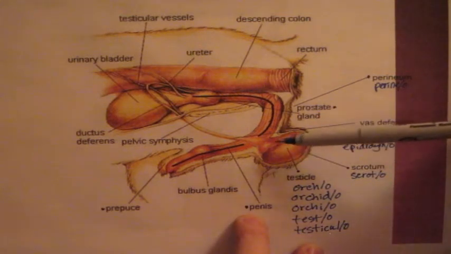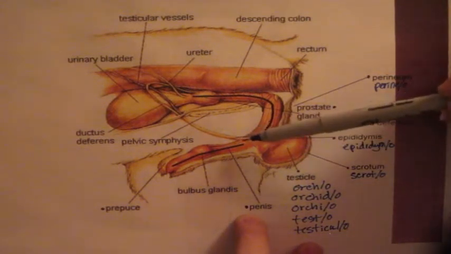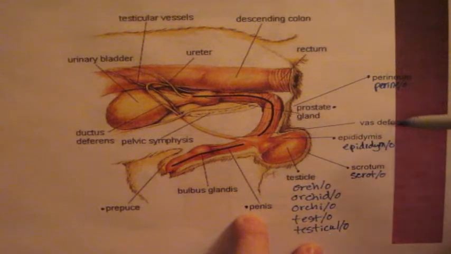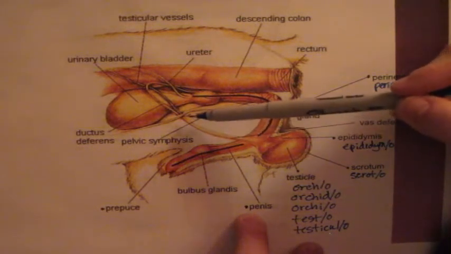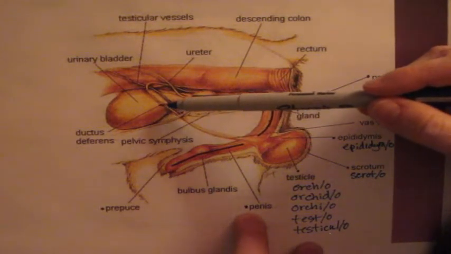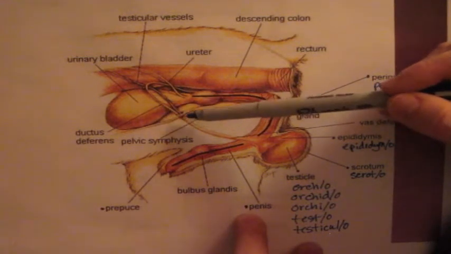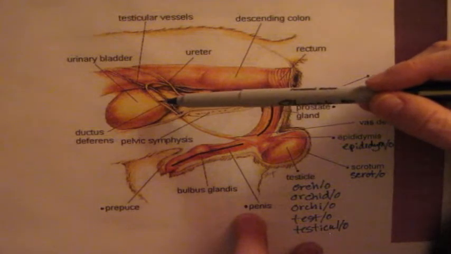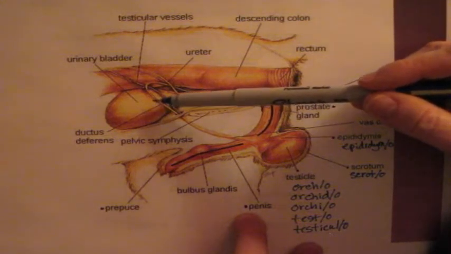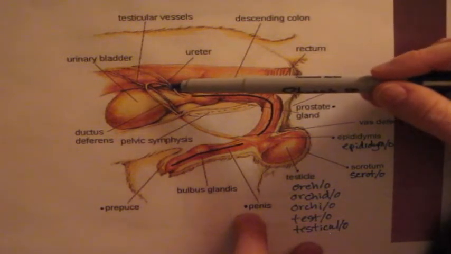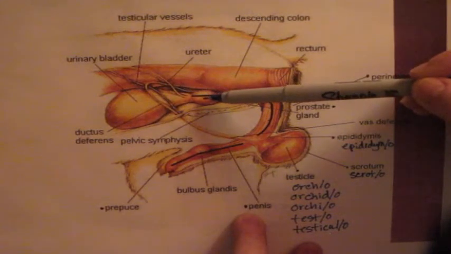It moves from the epididymis up and through to the vas deferens. Continuing along, it goes to the ductus deferens. It enters in through what we call the inguinal canal internally into the abdominal cavity, and travels to the prostate gland area right here.